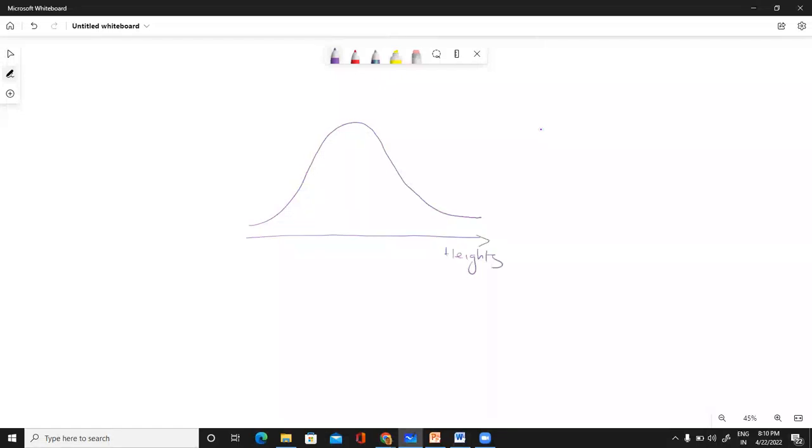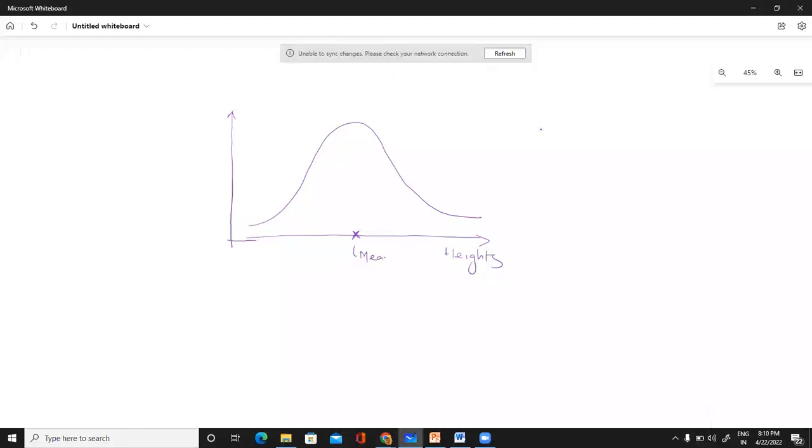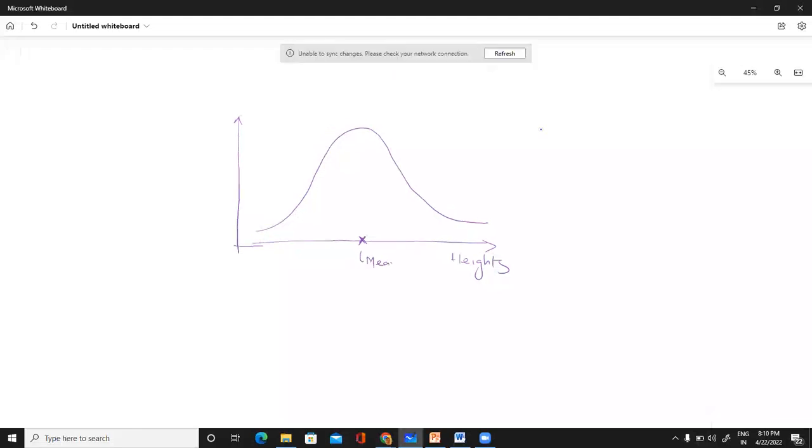And as this data is normally distributed, it is like this. It is a normal distribution curve. So at the center of the curve on the x-axis will be the mean. Say it is 5 feet 8 inches.